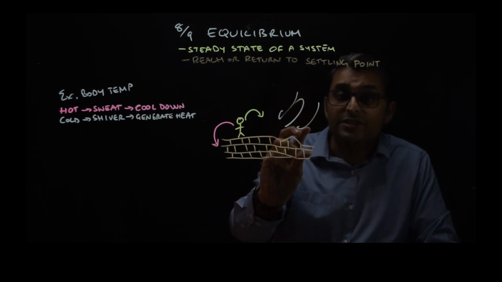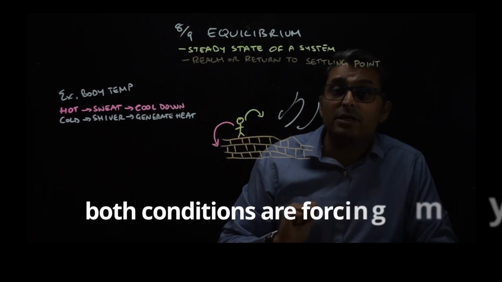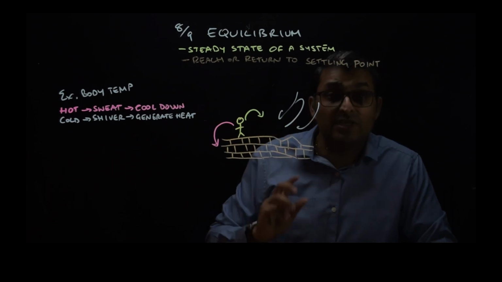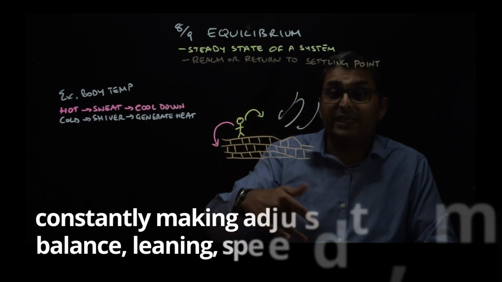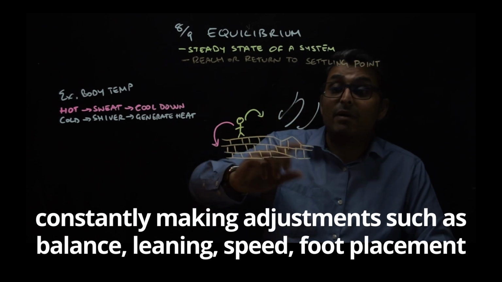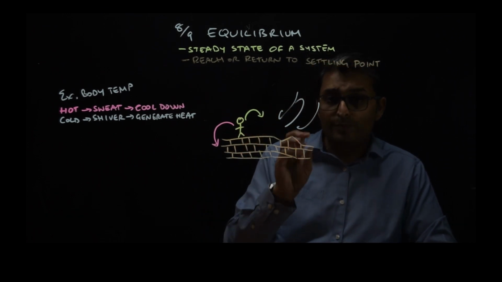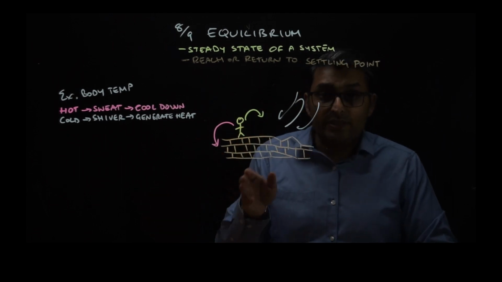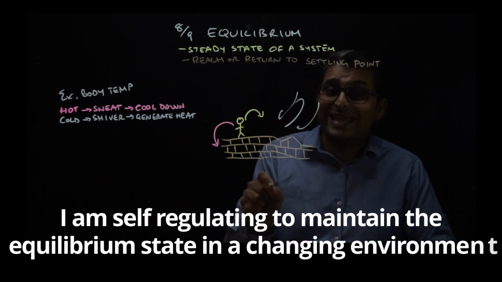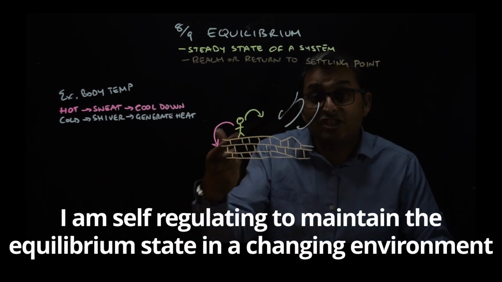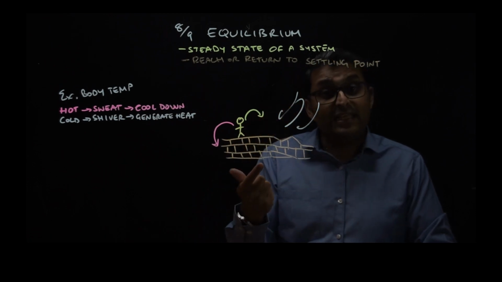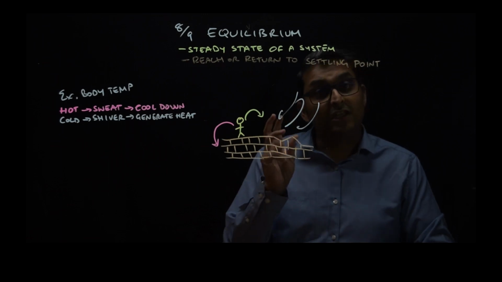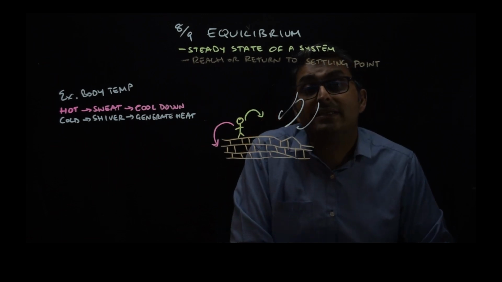Both of these conditions are forcing my system to go off balance, and so I'm constantly making adjustments, such as with my balance, how I'm leaning, my running speed, how I'm placing my feet on an uneven wall, all with the purpose of trying to not fall off the wall. In other words, I am self-regulating to maintain the equilibrium state in a changing environment. And in reality, that is what systems are doing most of the time. They are making adjustments to keep their steady state.